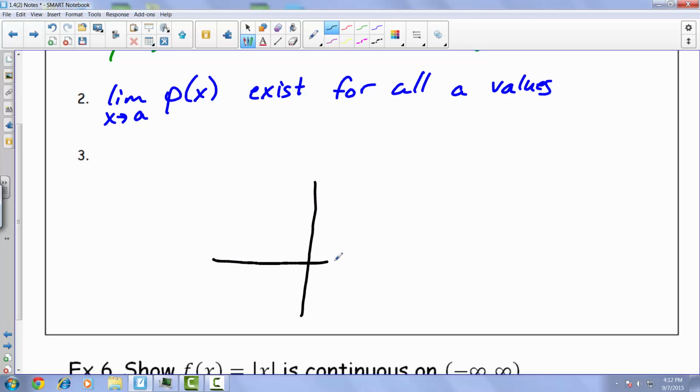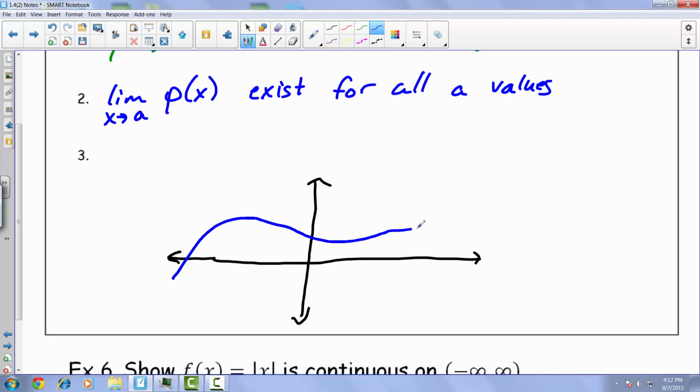So the first one, again, we are ranging from negative infinity to positive infinity. Let's just say that this is our polynomial. We're going onwards. Again, that's the first criteria.